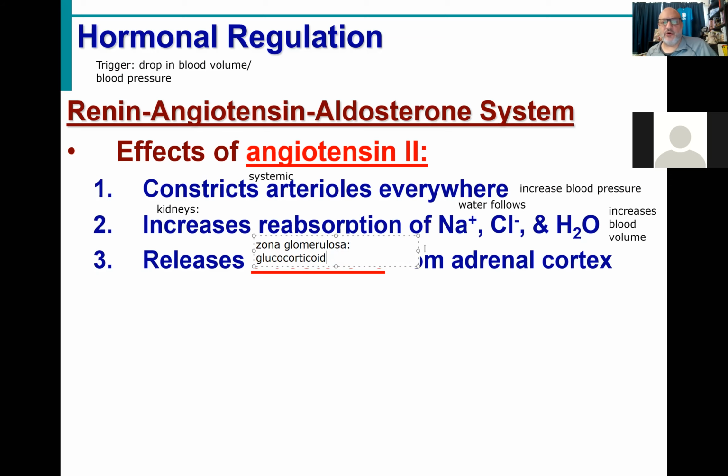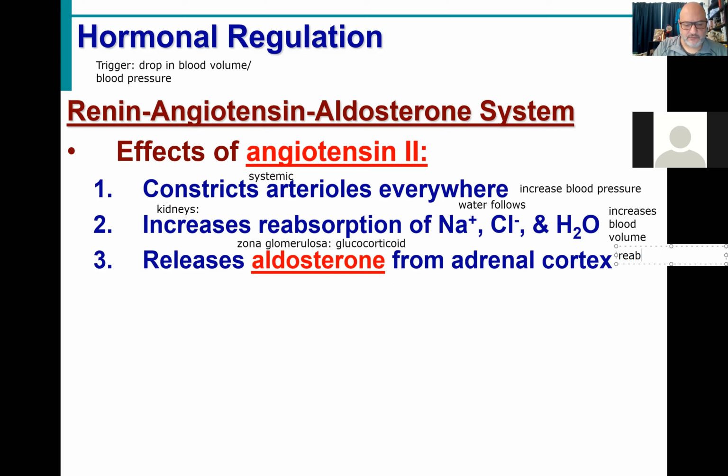And that glucocorticoid specifically is aldosterone. Aldosterone, remember, leads to sodium reabsorption. And of course, wherever sodium goes, water follows. So this will increase blood volume. And I think I need to make smaller to fit in there.